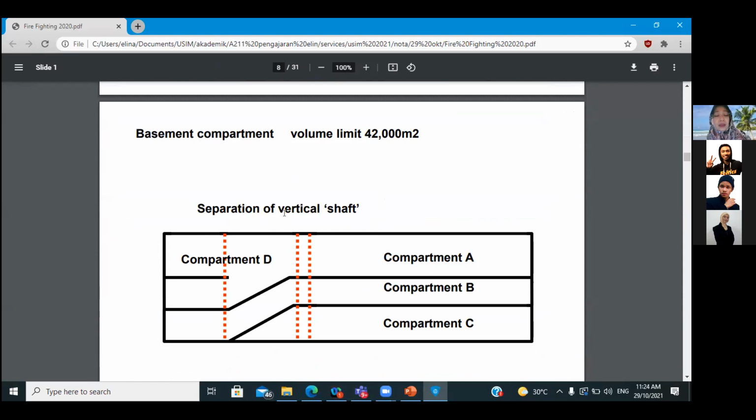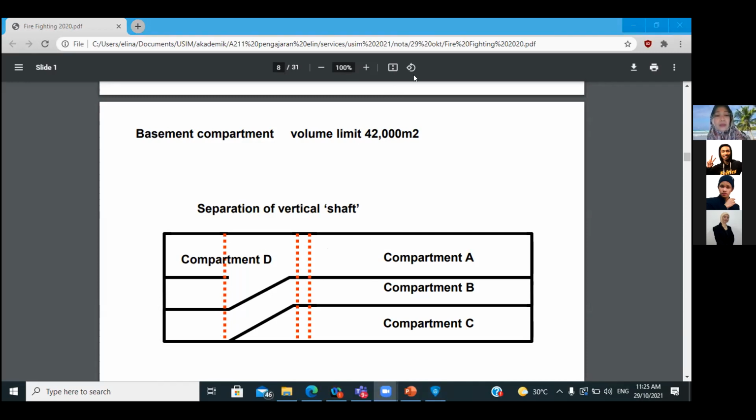The separation of vertical shaft, meaning that there would be a compartmentation vertically. They are roller shutters from upper. Okay, this is another roller shutter to close. Down there is another roller shutter to close up. So there would be a compartmentation. Let's say there is a fire here. Why do they do the compartmentation?